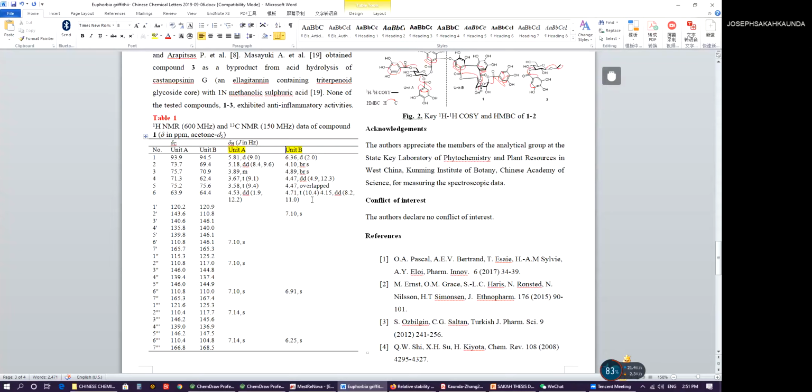So you can start moving from each carbon to the next, like carbon number 1, 2, 3, 4. Does carbon number 1, proton 1 of glucose, correlate with any other carbon? Let us check our HMBC. This is value 6.36. So we are going straight to HMBC and directly to proton 6.36.